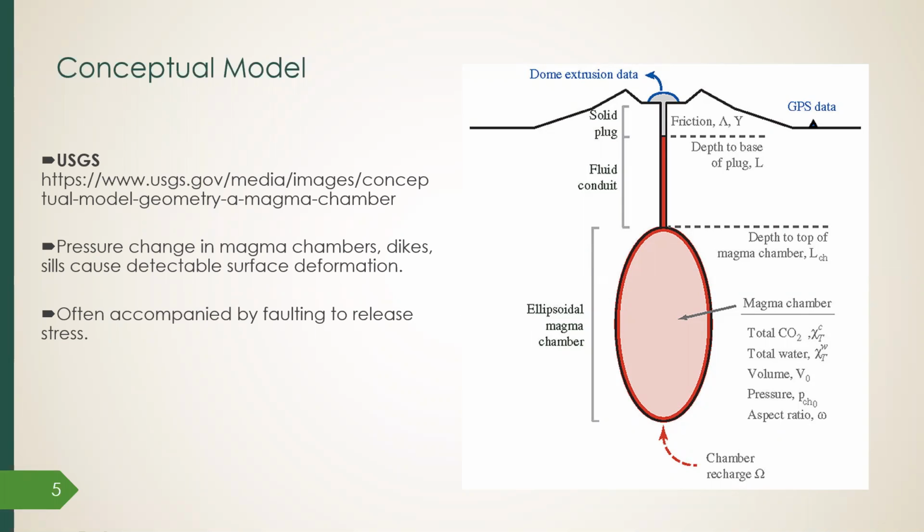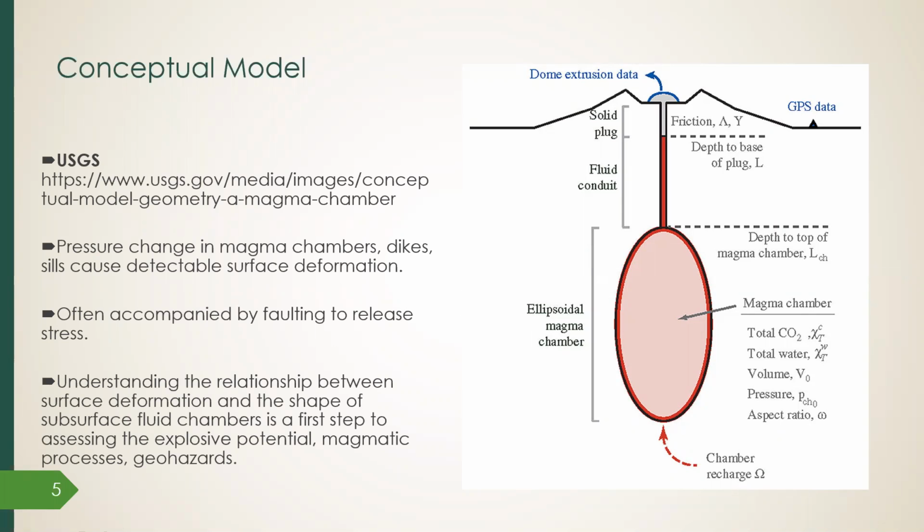This mechanism is not completely understood, by the way, but again, the point of this is to basically show that it's an extremely important problem from hazard identification point of view, and also in the opposite way, assessing the explosive potential, for example, assessing the risk associated with events like what happened in the 1980s in Washington State.